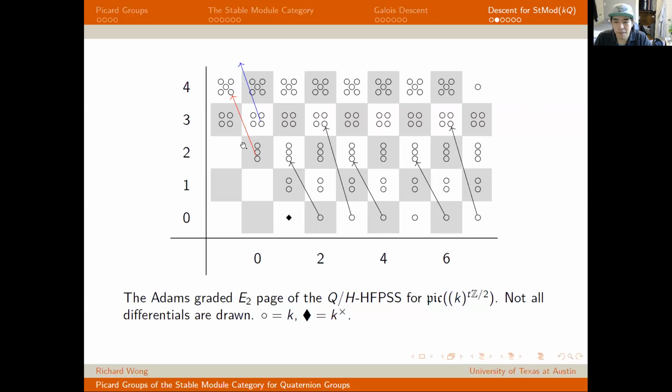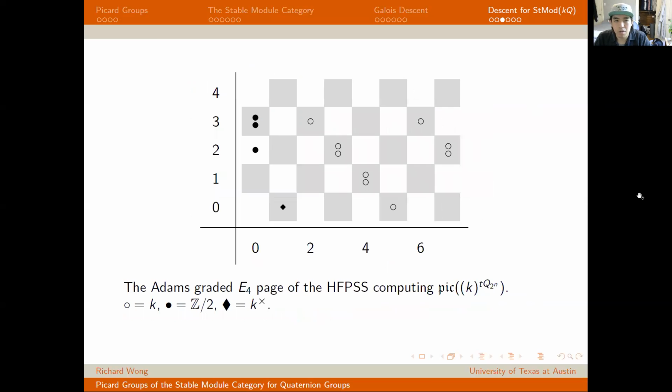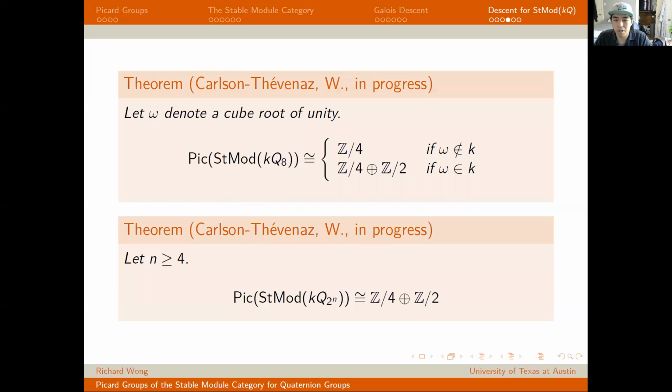In particular, we have a d2 in red and a d3 in blue. Resolving these differentials, we obtain the following E4 page, which tells us the homotopy groups of the Picard spectrum of KTQ, for Q a generalized quaternion group. So this gives us a new homotopical calculation for the Picard groups of the stable modular category for the quaternion group of order 8 and for generalized quaternion groups.